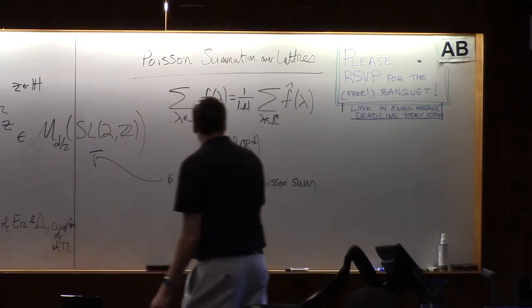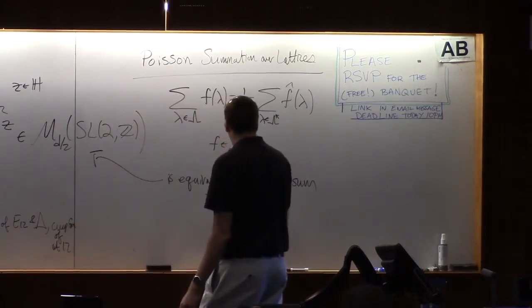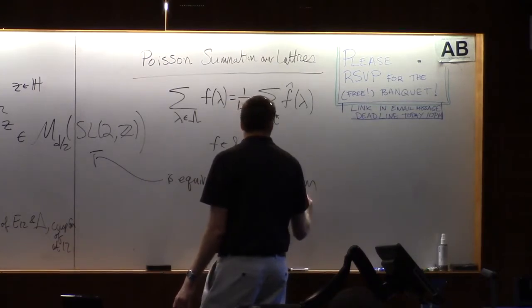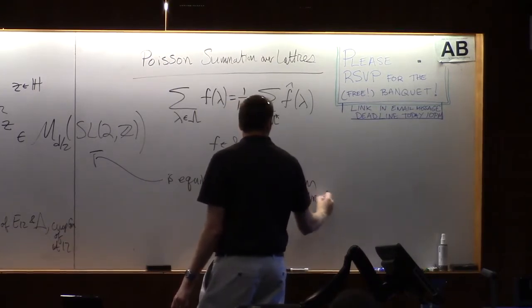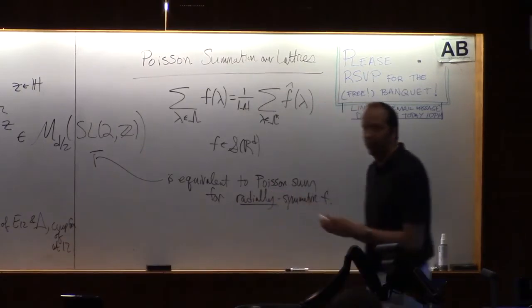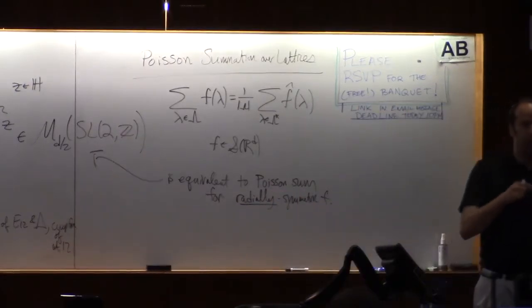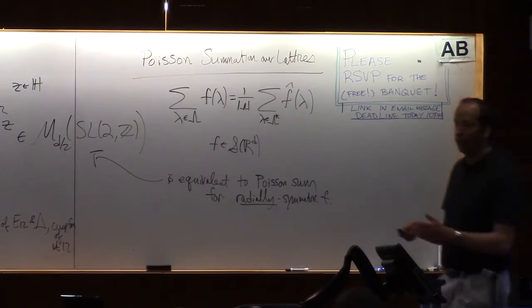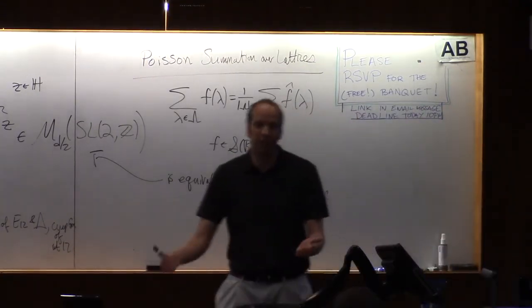With modularity for radial functions. Radially symmetric functions. So that means that the value of F is not sensitive to the actual vector, but just the norm of the vector. So it's a Schwartz function of the norm of the vector.